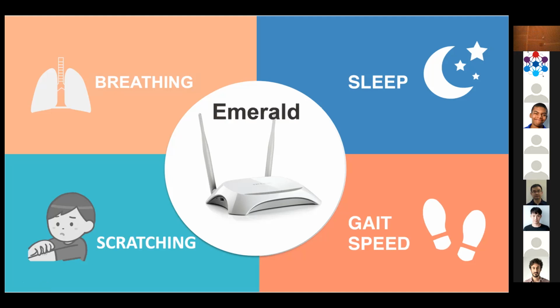And what it does, it uses the electromagnetic waves that we all put in and analyzes them using custom machine learning algorithms to detect sleep, breathing, heartbeats, gait, scratching, and more.